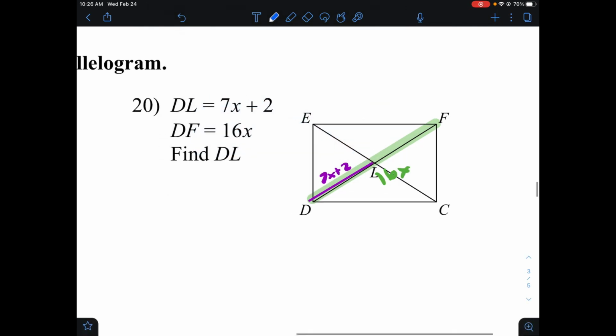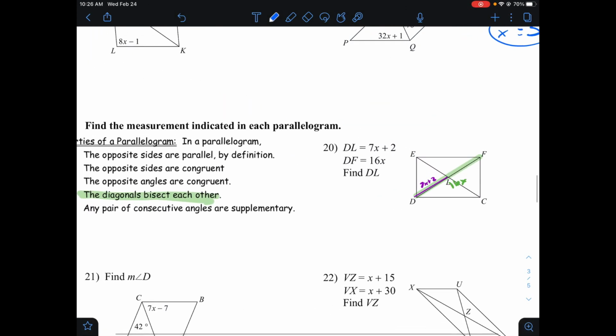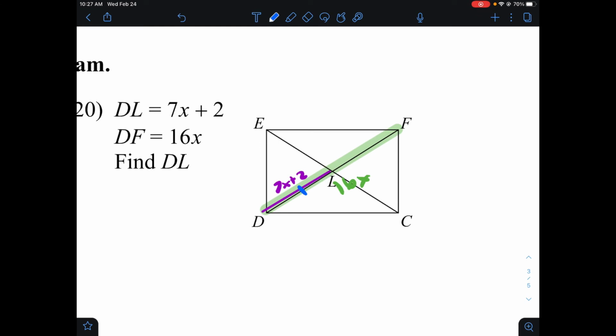Now, we know from our rules here, since the diagonals bisect each other, this guy is congruent to this guy. So we can write 7x plus 2 right here, and then this part plus this part needs to equal the whole. So we can just add them up: 7x plus 2 plus 7x plus 2 equals 16x.